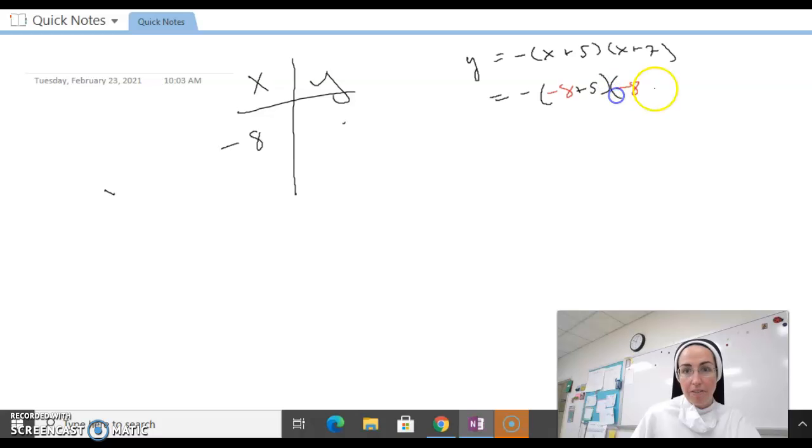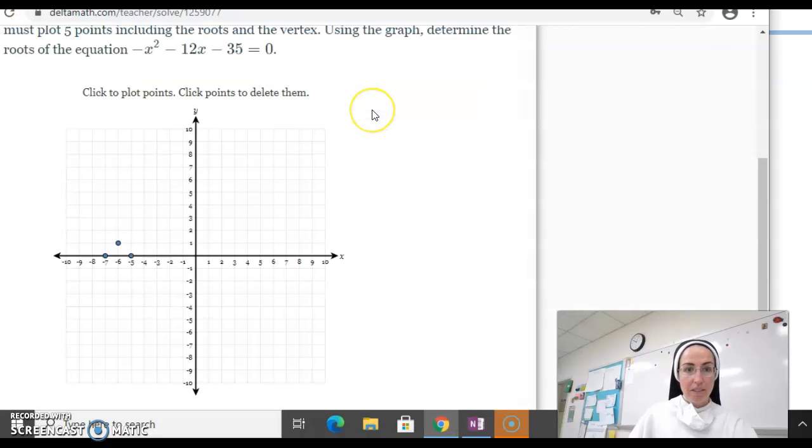We're just making a table of values. Okay, so I find that y equals -3. So I've just found a 4th point down there.